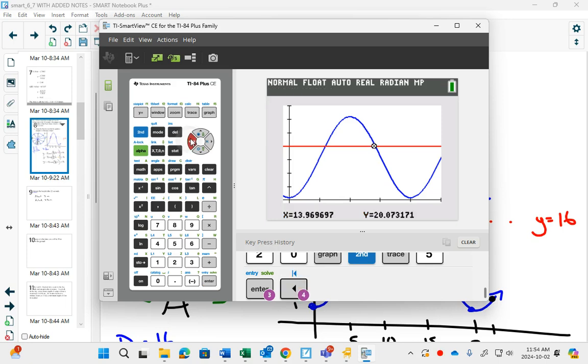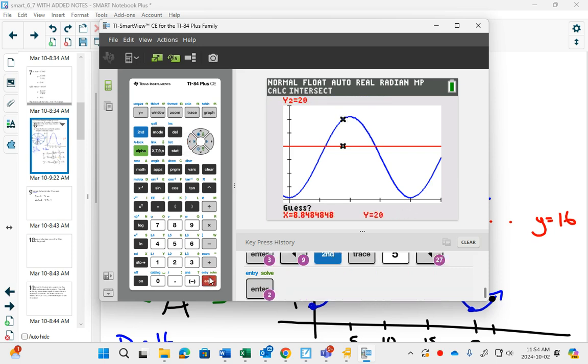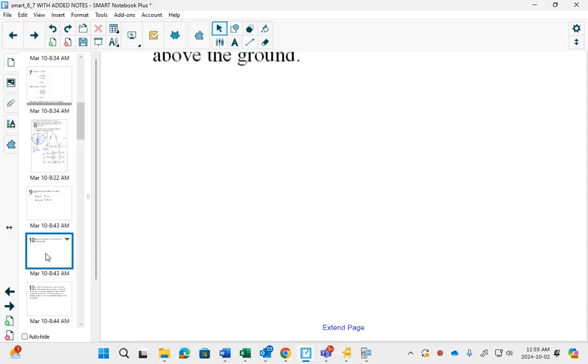I want to find the other one, so I do it again, but now I need to be closer to the other one. Just go over that a little bit. That should be enough. Enter, enter, enter. 5.85, 5.86.